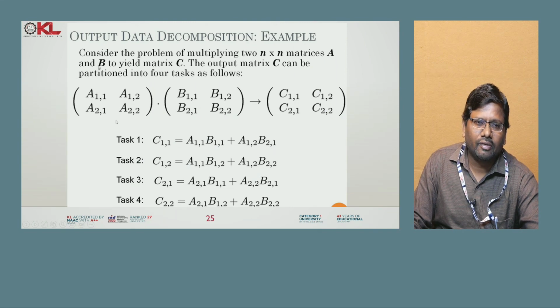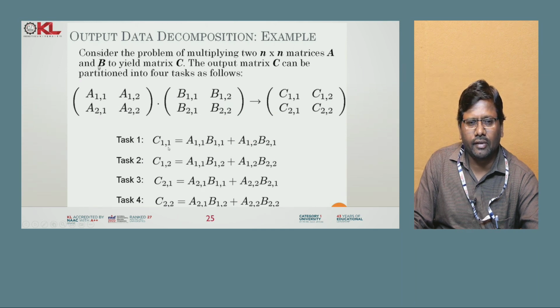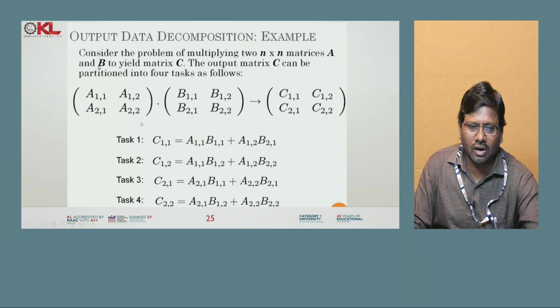If we follow this sequentially, it takes a bit of time. We know what to do in task 1, task 2, 3 and 4. The tasks are divided clearly. So these 4 tasks can be performed in parallel to get the results C11, C12, C21, C22.